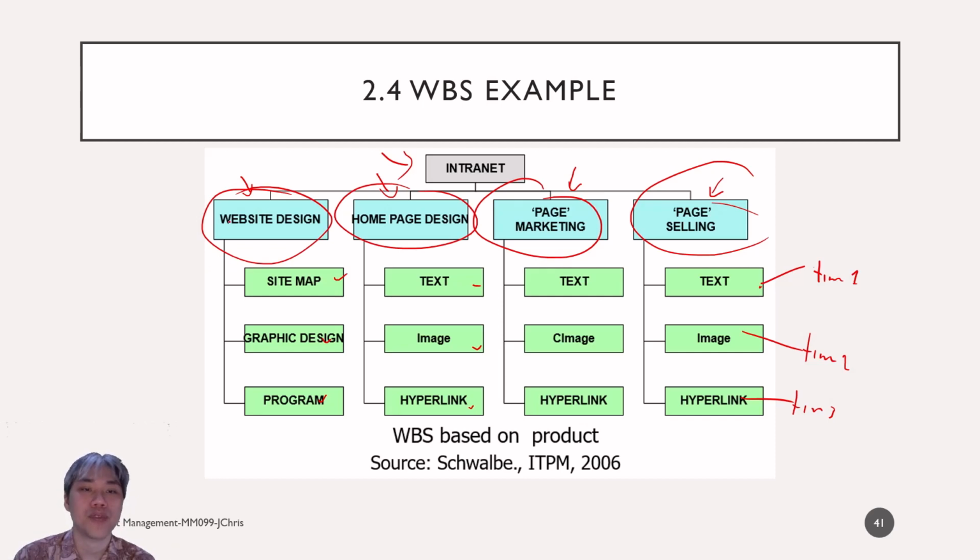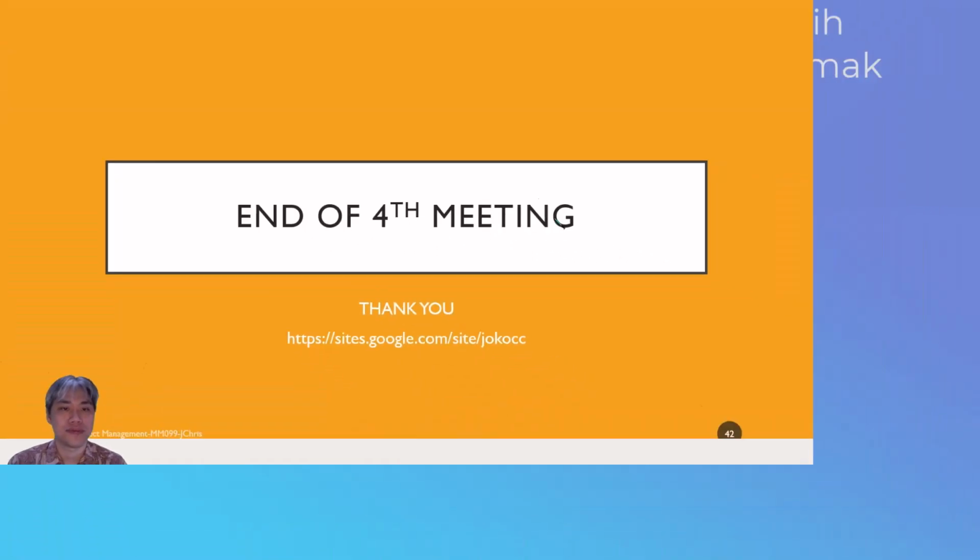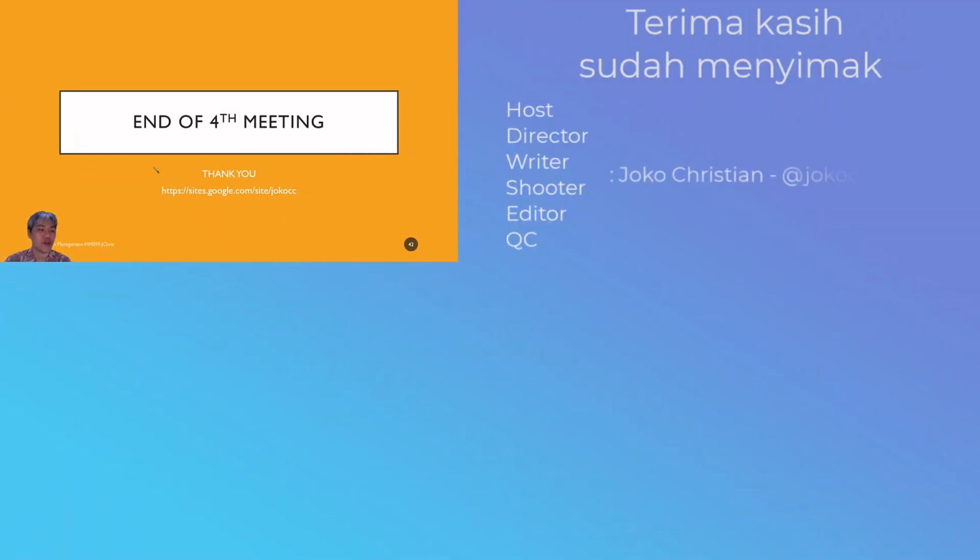So actually the WBS is just dividing the tasks in the project and showing who will be doing what. That is actually the main idea. So that's it for the 4th meeting.